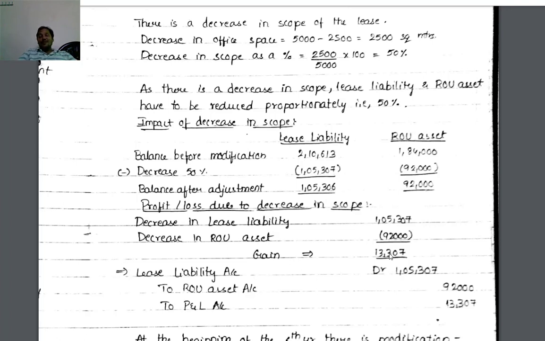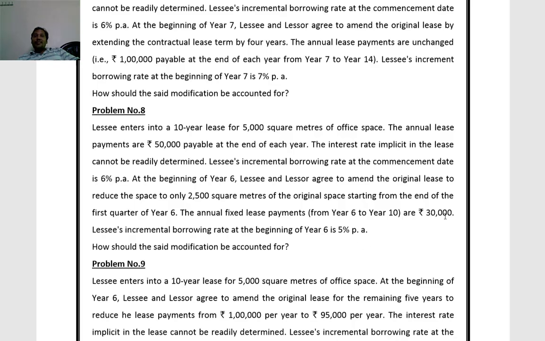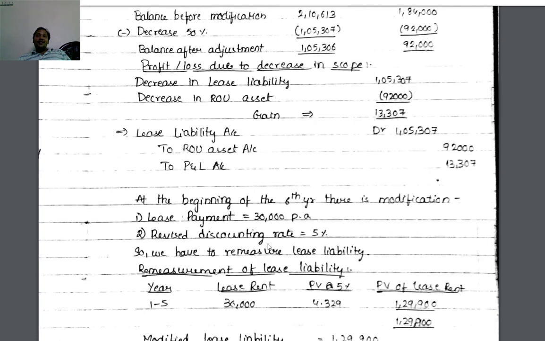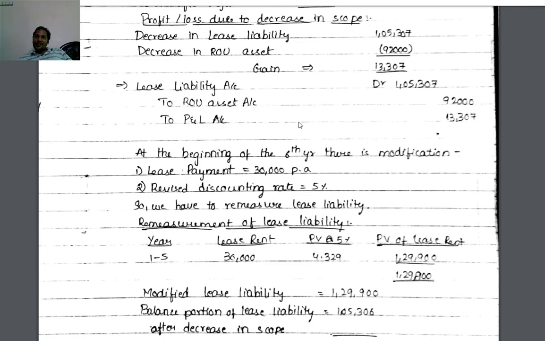Now there is a modification that the lease rent will come down to 30,000 for the remaining 5 years, and the revised discounting rate is 5%. Now we have to remeasure the lease liability, considering 30,000 lease rent and the revised 5% discounting rate. The remeasured lease liability comes to 1,29,900, whereas the balance after reducing the scope is 1,05,306.